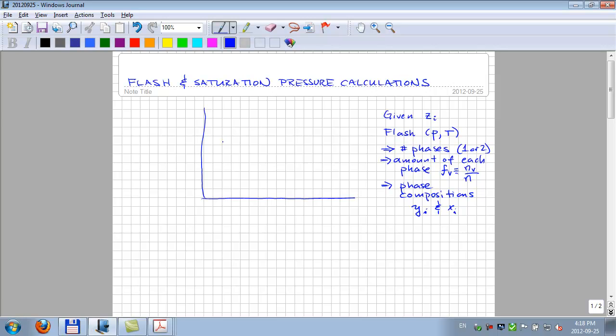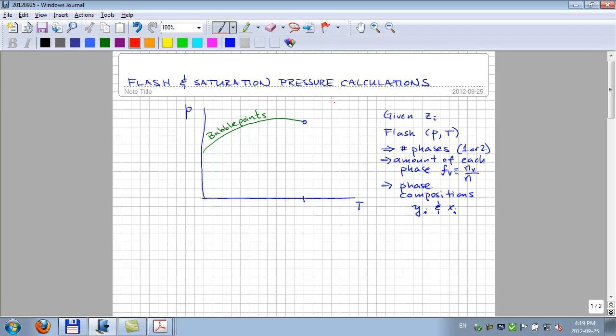That was the flash calculation, and if we plot pressure versus temperature, we've got a phase diagram for a mixture. Maybe along here we've got bubble points. That means this composition, Zi, at temperatures below this particular temperature forms a liquid with a bubble of gas at these different pressures.